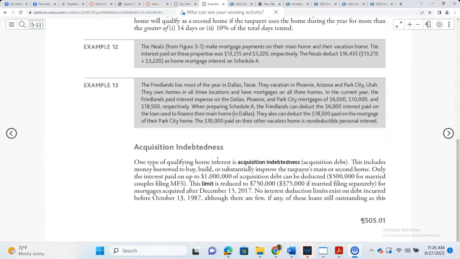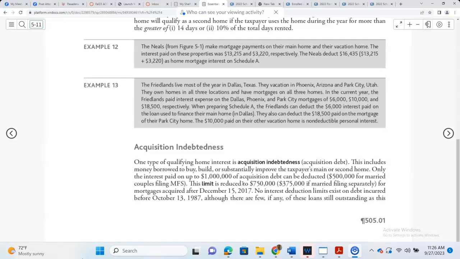Okay, this is the part where it gets tricky. One type of qualifying home interest is acquisition indebtedness, which is the purchase of the home, right? This includes money borrowed to buy, build, and substantially improve the taxpayer's main or second home. Only the interest paid on up to $1 million of acquisition debt can be deducted, $500,000 for married filing separately.